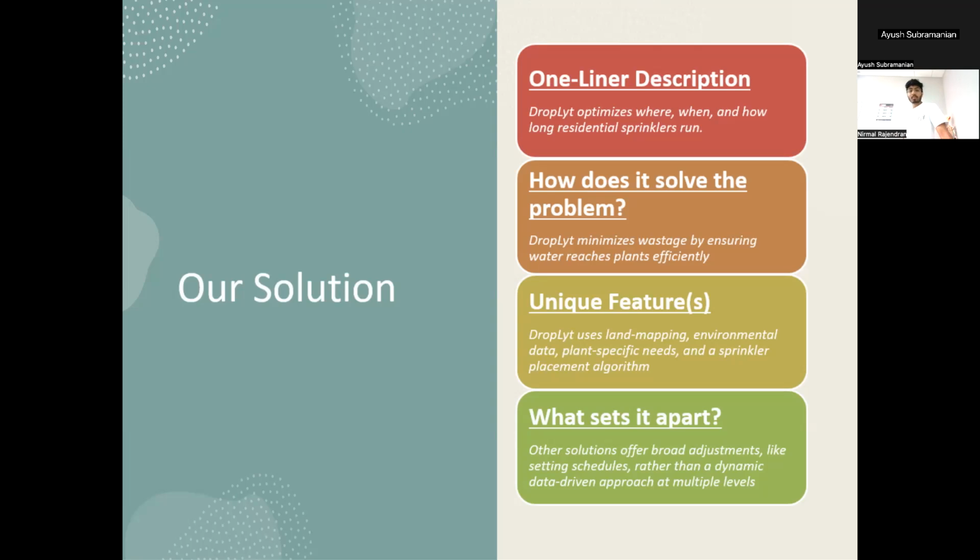The really unique feature for us that we talked about in this pitch was that we use land mapping. We would pull your address and your plot and then figure out exactly the topographic dimensions of it.